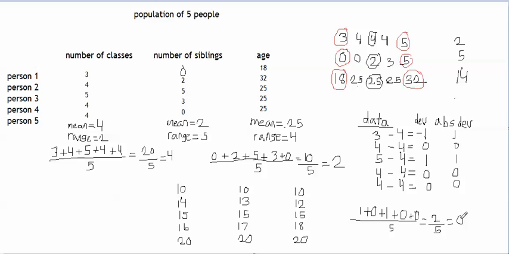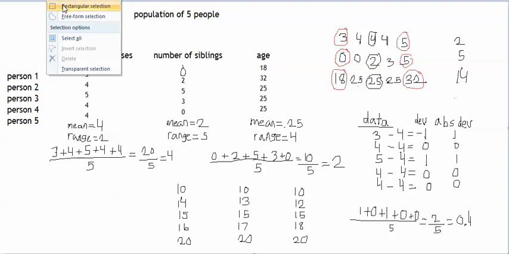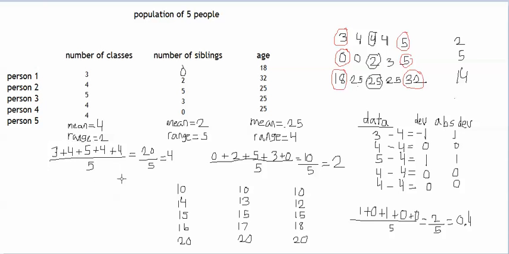So the mean absolute deviation of this column of data is 0.4. We can put that under here. I'm just going to use some abbreviations. The mean absolute deviation.